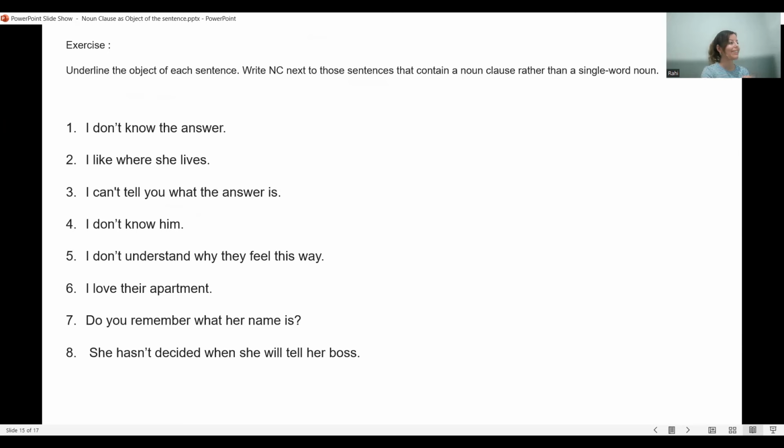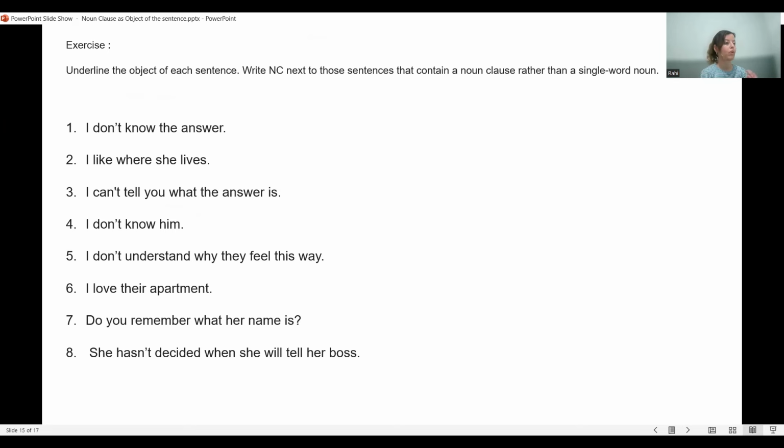All right. Next exercise. In the next exercise, we are going to find the object in a sentence and then decide whether it's a single noun or object pronoun or it's a noun clause.